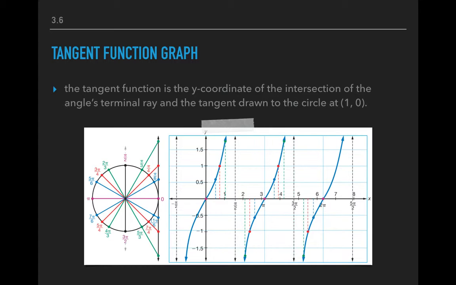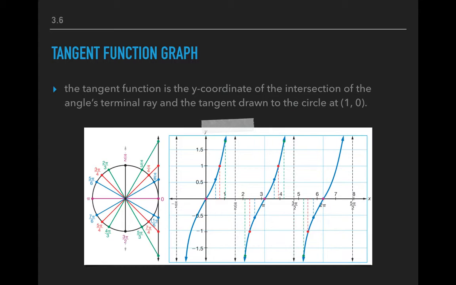There is a vertical line that is just barely touching the circle. That is the tangent line. Let's look at that blue ray that is intersecting the tangent line. The angle there is pi/6, or 30 degrees.